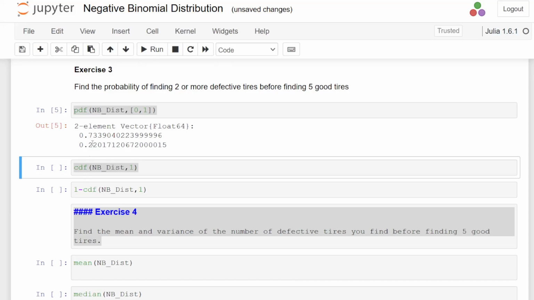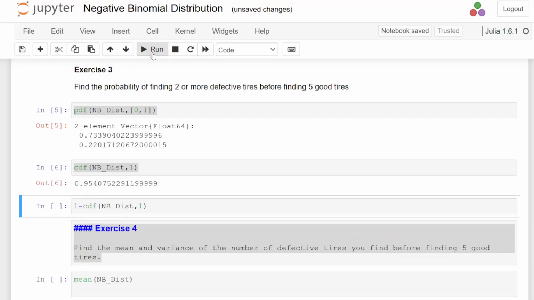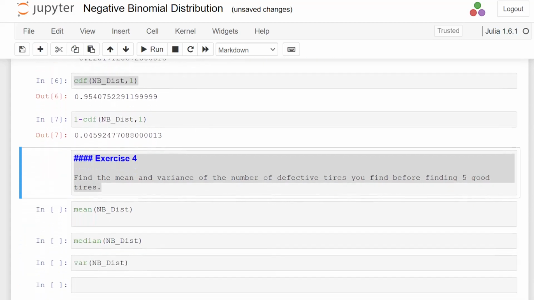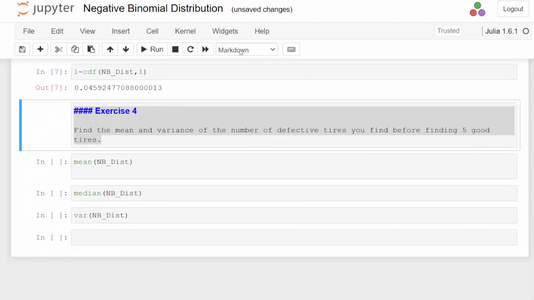And there's a 22% chance that you find 1 bad one, so you have to pick out 6. The probability of both of those cases combined is 0.9540. Now we want the complement of that, the probability of X greater than or equal to 2, and that is 0.0459.